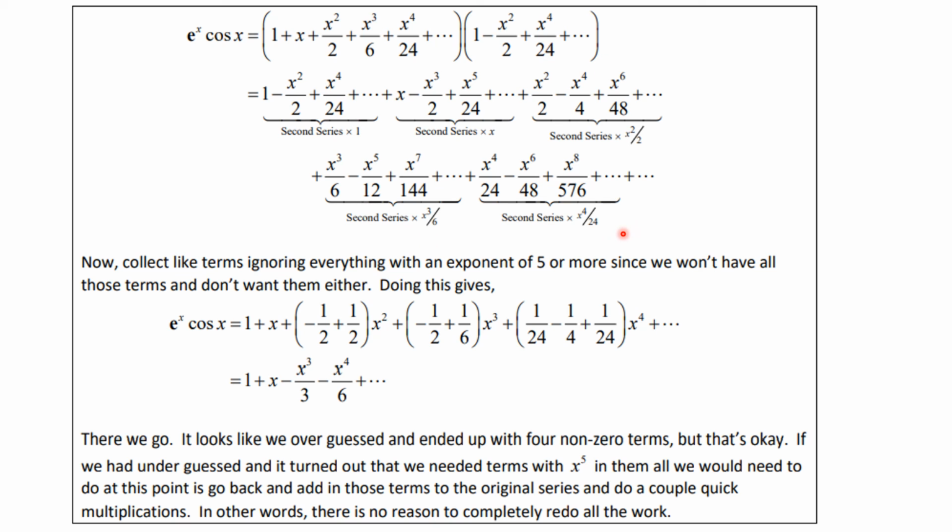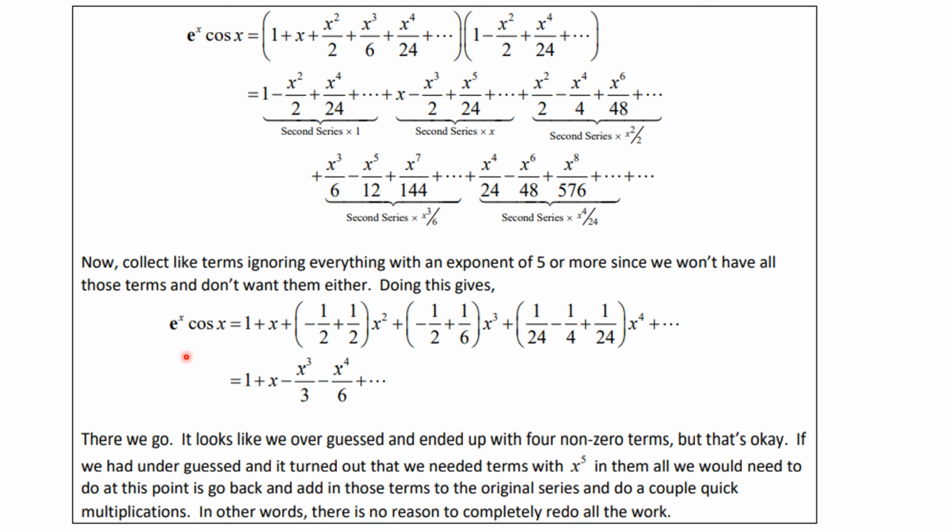Now we're going to collect like terms. We're going to take every term that has x in it, and we're ignoring anything that has an exponent of 5 or more, since we don't need those terms for this.